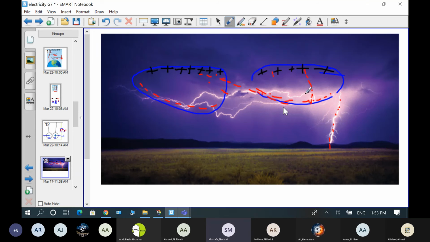Friction between cold air, which is moving down and is heavier than hot air, and hot air, which is rising up. So this movement, and also friction among clouds, will create negatively charged parts. The bottom of the cloud will be negatively charged, and the top of the cloud will be positively charged.